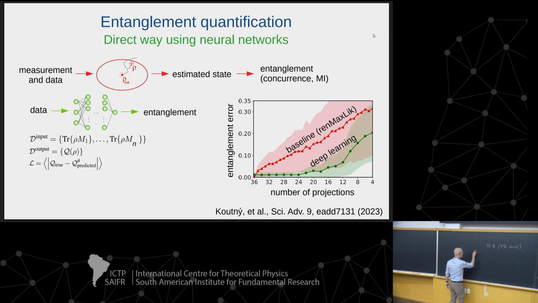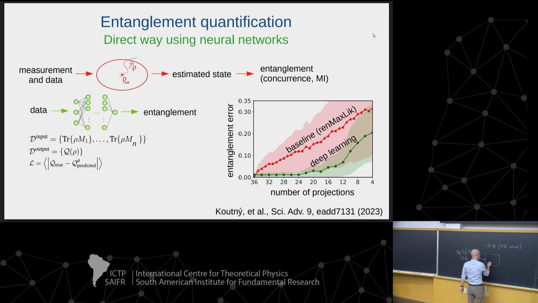At the input, we have our probabilities, and we have 10,000 of them. So a long vector, but not as long as the full information about the state.